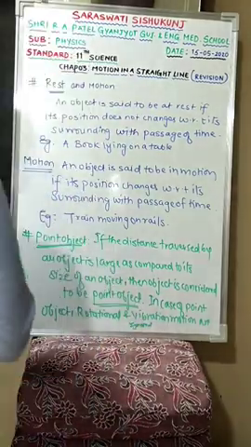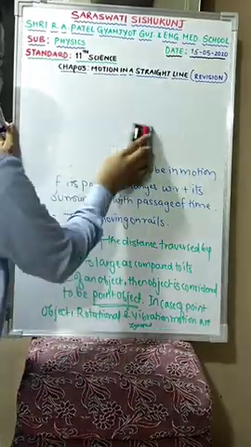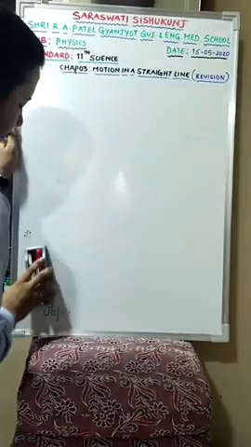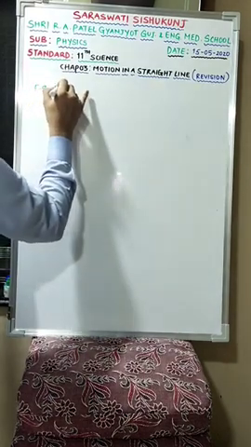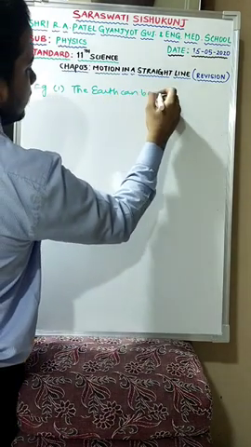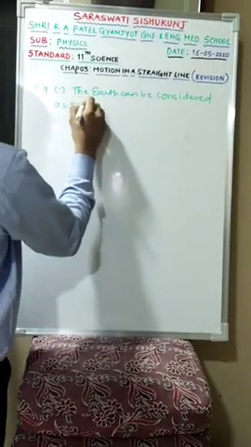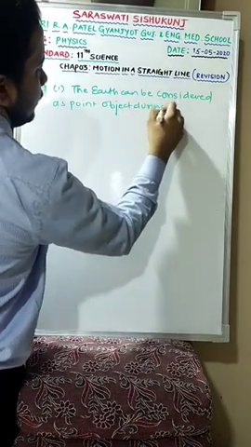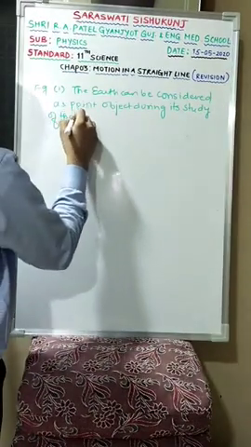Is this clear? Example I can give you over here: example number 1, the earth can be considered as a point object during its study of the motion around the sun.